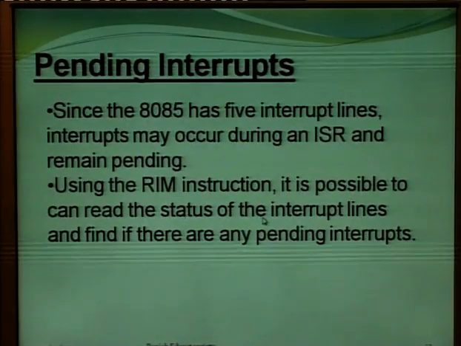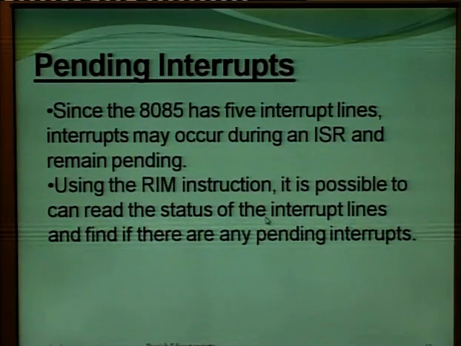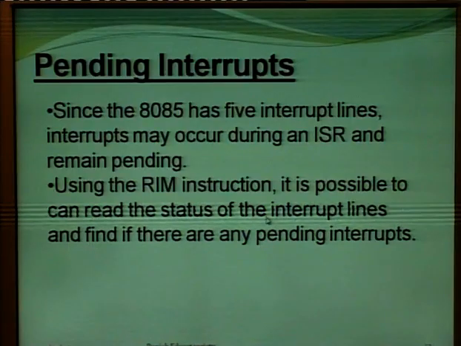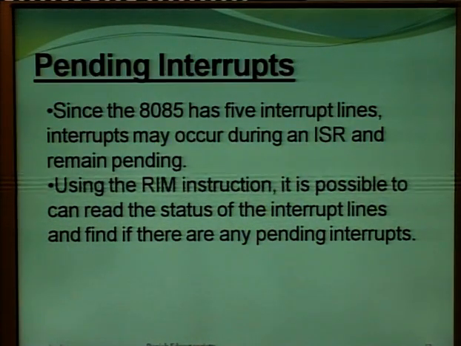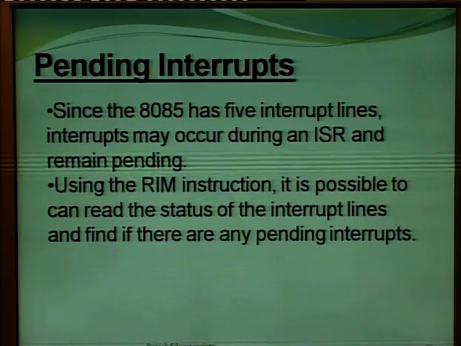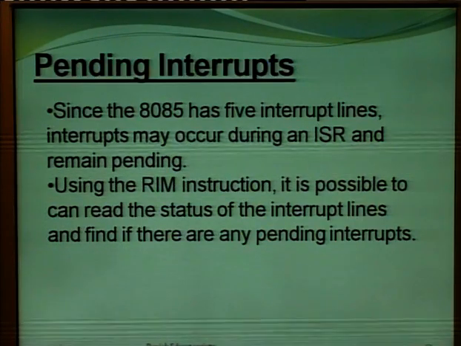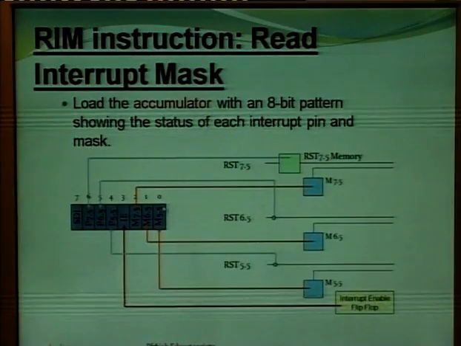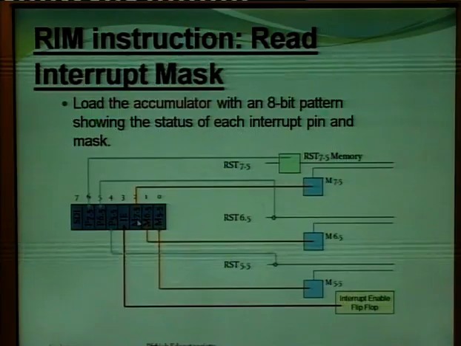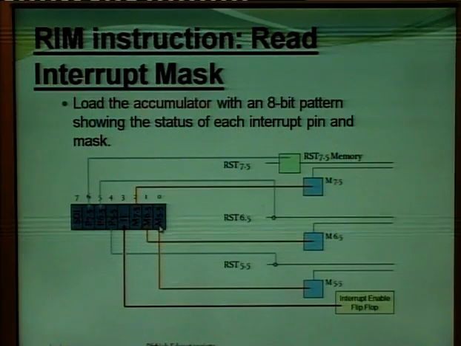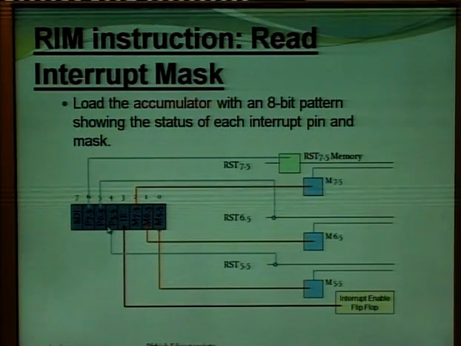Pending interrupts: since the 8085 has 5 interrupt lines, interrupts may occur during an ISR and remain pending. So, using the RIM instruction we can check the status of pending interrupts. There is a bit pattern of the RIM instruction through which we can check which interrupt is masked or unmasked, and which interrupt is currently pending or not.